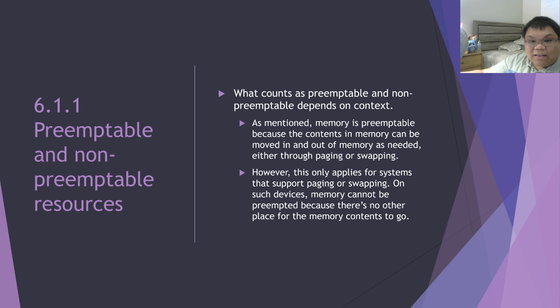Can't we store it on the disk? Well, yeah, but that's already swapping. If a system isn't capable of swapping or paging, then memory becomes a non-preemptible resource. It must be allocated to a process and it cannot be taken away.